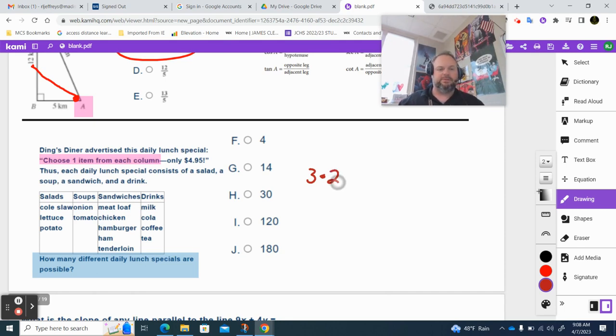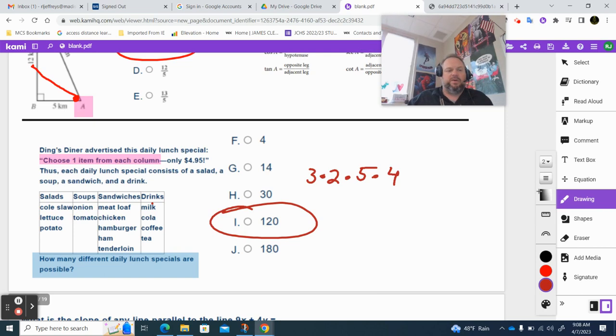So times 2. Sandwiches, 1, 2, 3, 4, 5. Drinks, 1, 2, 3, 4. So you take all your choices, and that's how many different ones you can have. 3 times 2 times 5 times 4. We actually get 120. That's all we had to do.